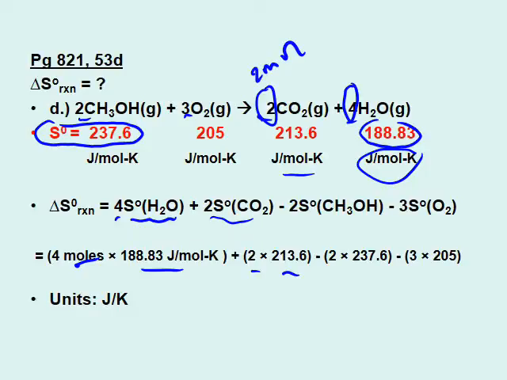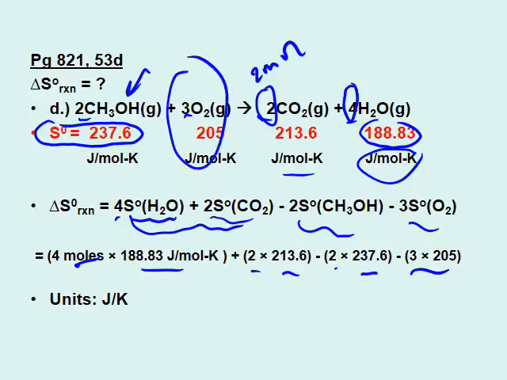So 2 mole times the value for carbon dioxide, and minus, always keep in mind the products are all added and reactants are subtracted. Now 2 times 237.6 is for the first reactant, minus 3 times the value for oxygen, 205.